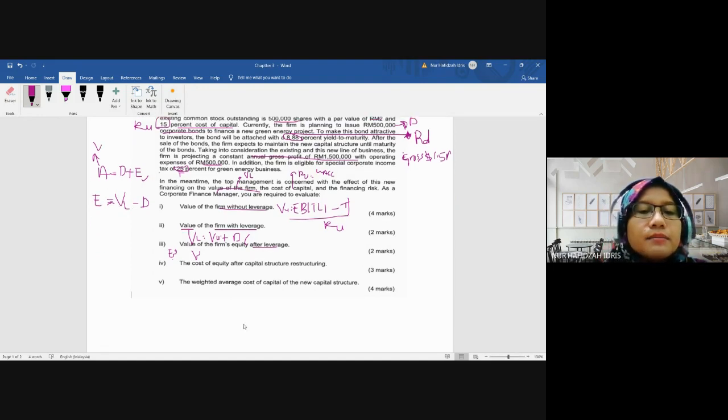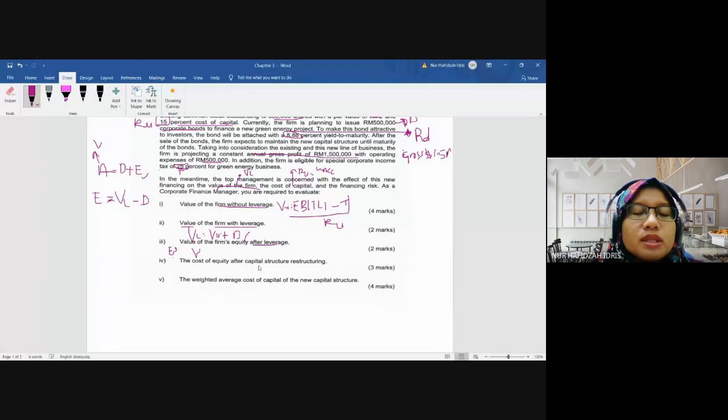Alright. Now number 4, the cost of equity after capital structure restructuring. So the cost of equity, what does it want you to find? Cost of equity. If it is RD, that is cost of debt. RE. So cost, yes, RE. So refer to the formula for the cost of equity, cost of equity with tax.